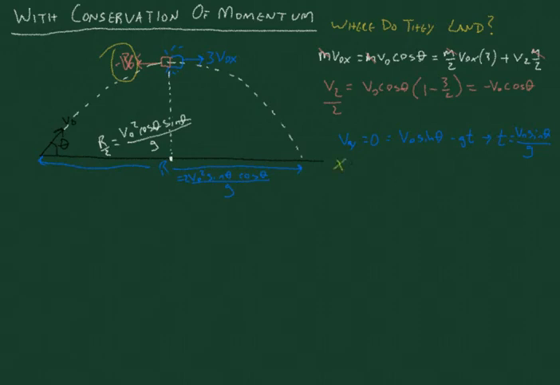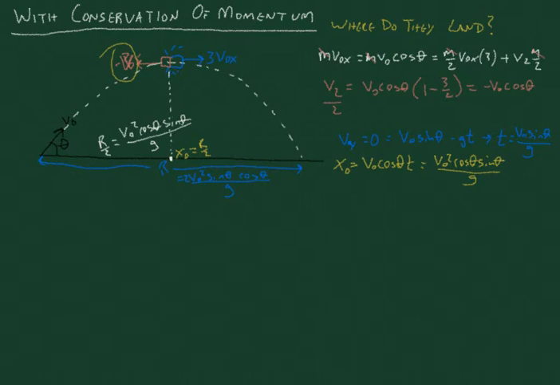We know that x, and we'll call the starting point x0, which is 0. So it's just v0 cosine theta times t, which is v0 squared cosine theta sine theta over g, which is exactly the answer that we already said it was going to be.